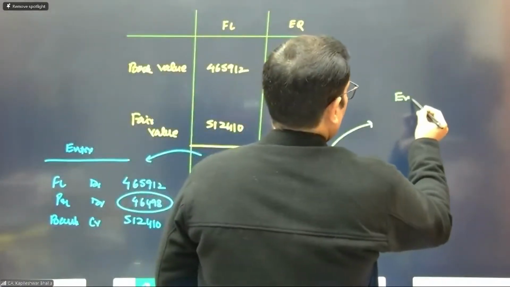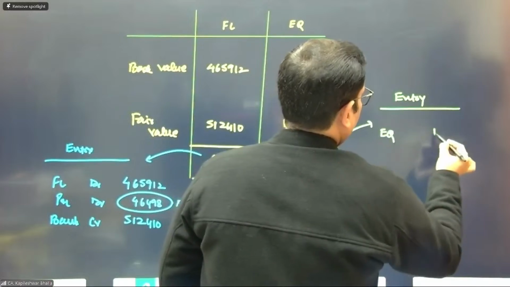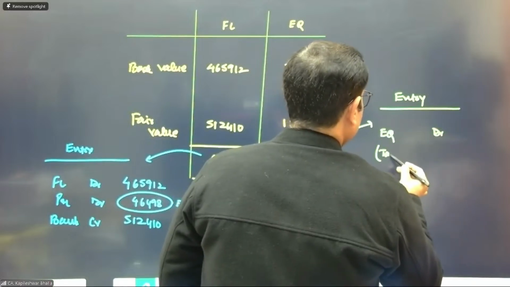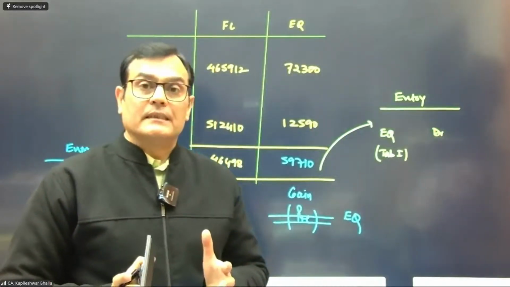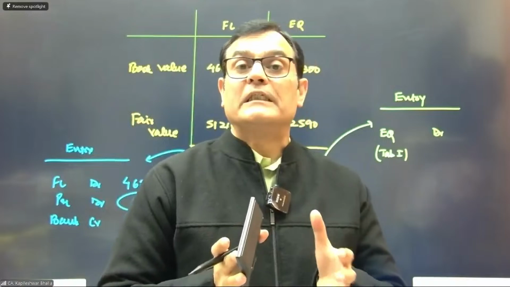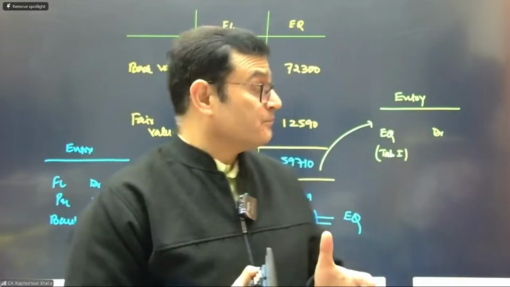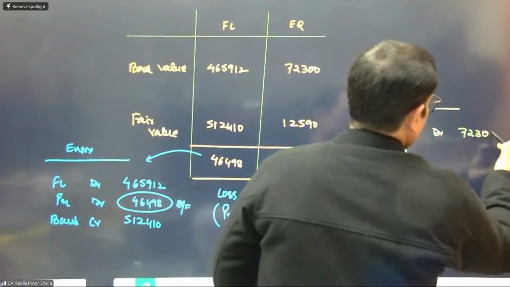Let's also have a look at the journal entry for understanding in this case as well. If I look at the journal entry in this particular case, your equity gets a debit. And which equity is this? It is the tab 1. Though it is basically going to be a change from one component of equity to another component of equity, this equity in tab 1 gets a debit.